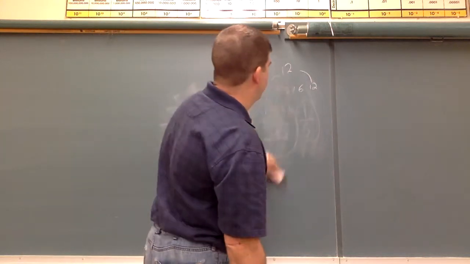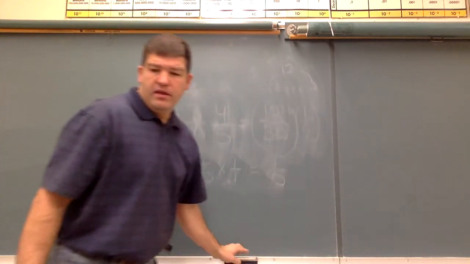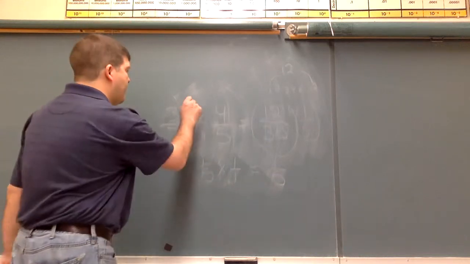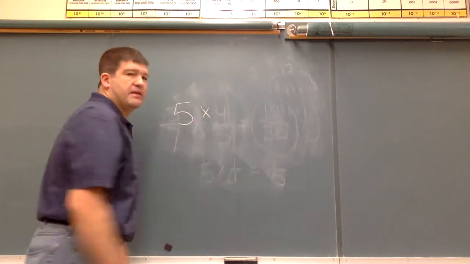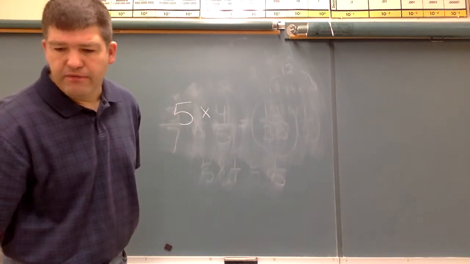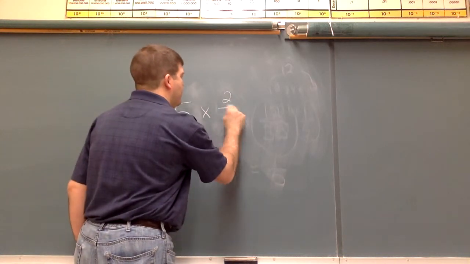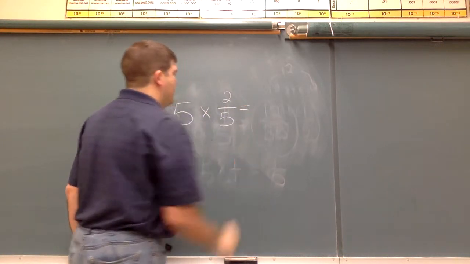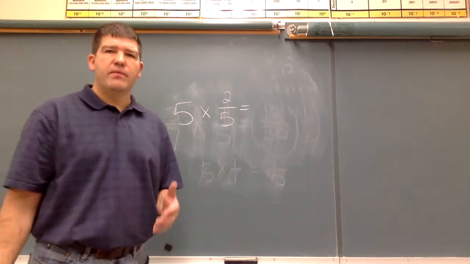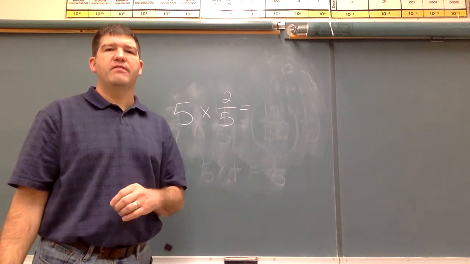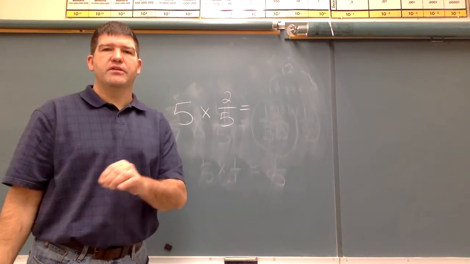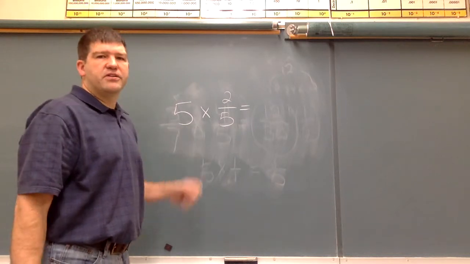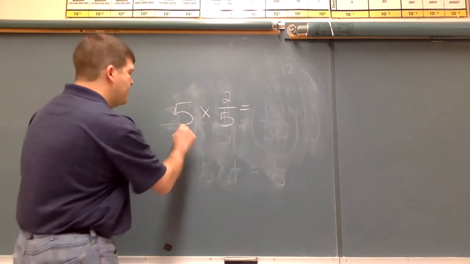Let's go to number 3. 3 is where you're taking a whole number, 5, timesing it to a fraction, 2/5. Okay. Now, I want to make sure I'm multiplying and dividing fraction by fraction. And 5 is not a fraction. So how do I make it into a fraction?